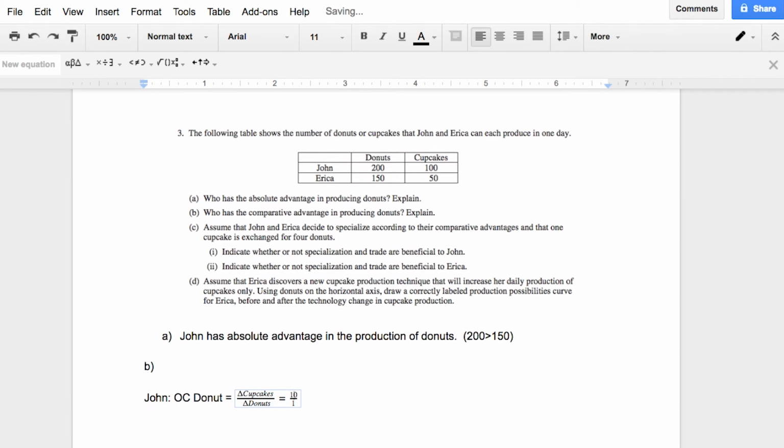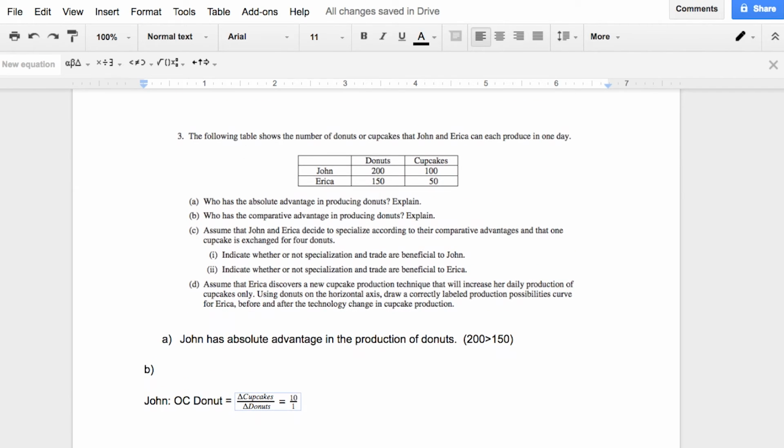So similar to how we did earlier with France and the US, we can just plug in the values because they give us a table instead of a graph. So cupcakes, 100, goes in the numerator, 200 goes in the denominator, that's donuts, equals, quickly, 1 over 2, or 0.5 cupcakes. Let's do the same thing for Erica, so we can compare the two, right? Comparative advantage.